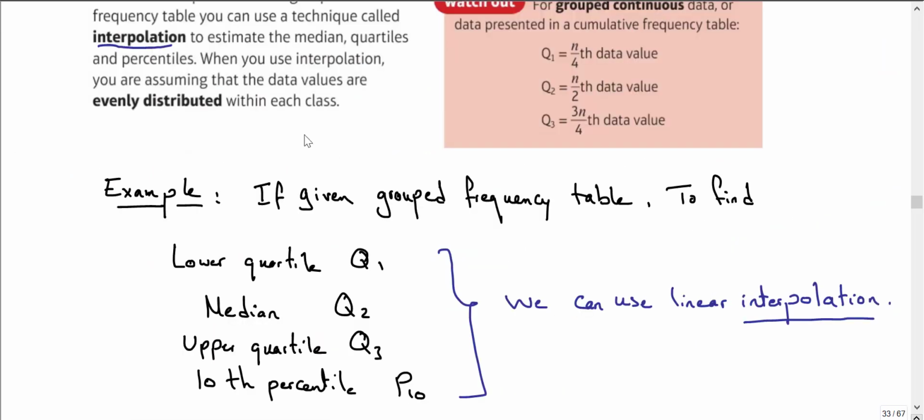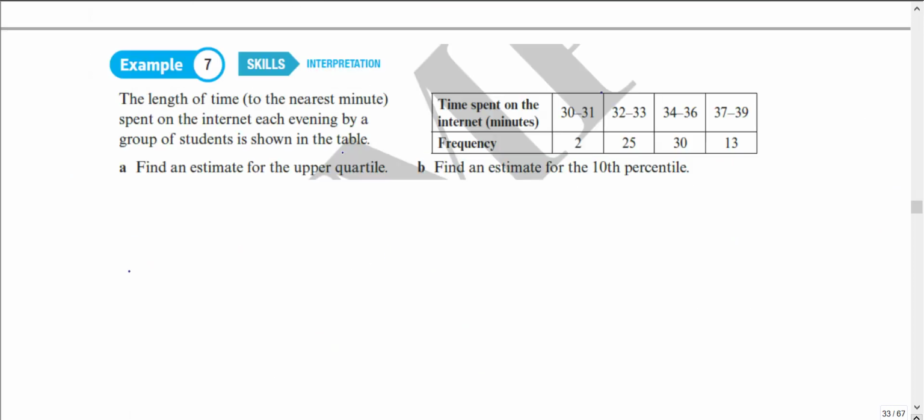Adam, if you are given a grouped frequency table, this is called what? Grouped frequency table. Why do we call it grouped frequency table? Because the data is given in classes like groups, group 1, 2, 3, 4, and there are also frequencies. So we call it a grouped frequency table.